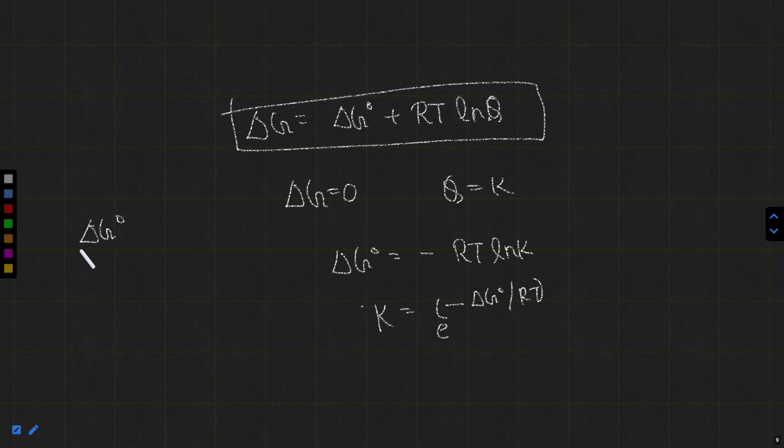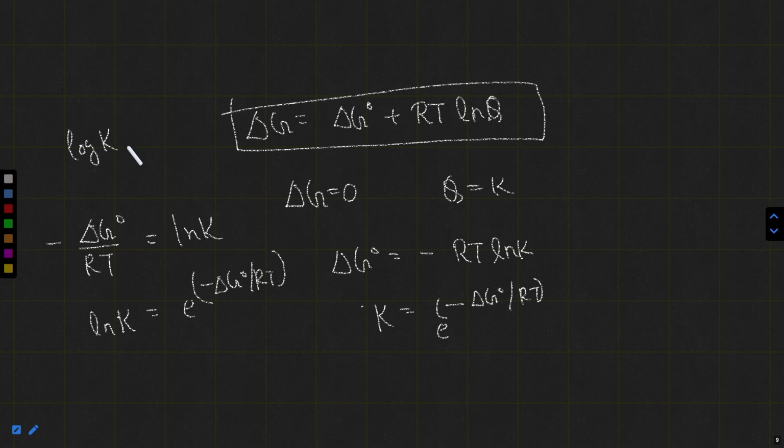Once this RT goes to the other side, the negative sign goes with it, and we get ln K. So whenever you remove ln K, you get e to the power on the other side of the equation. Similarly, if you have log K, suppose log K is equal to A, then if you remove the log on the left side, you will get 10 to the power on the right side.